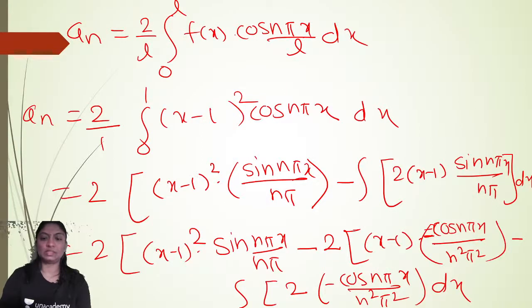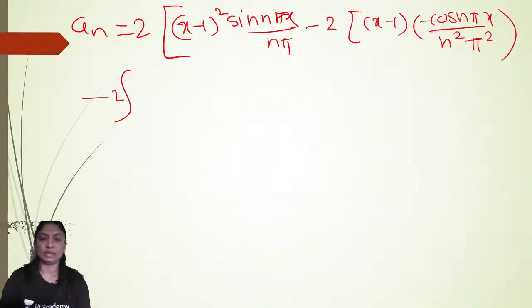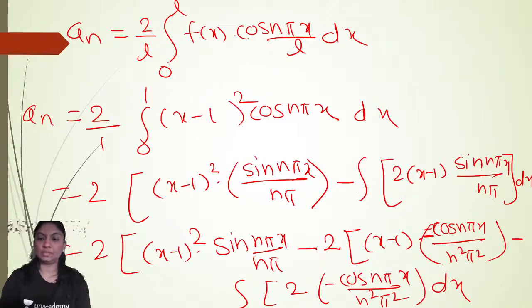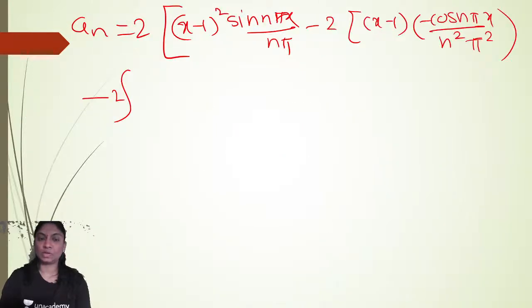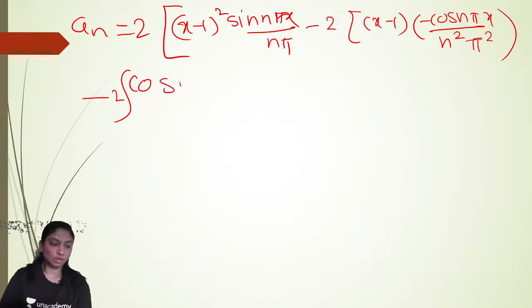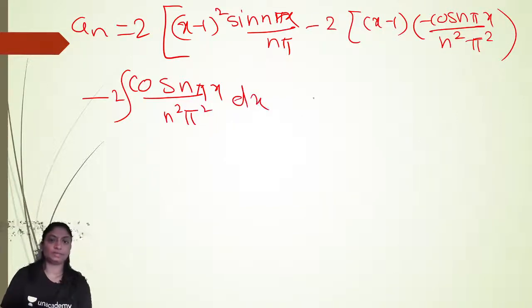Now I'm keeping it as it is here and then taking the integral, minus 2 into integral of cos n pi x upon n square pi square dx, right?